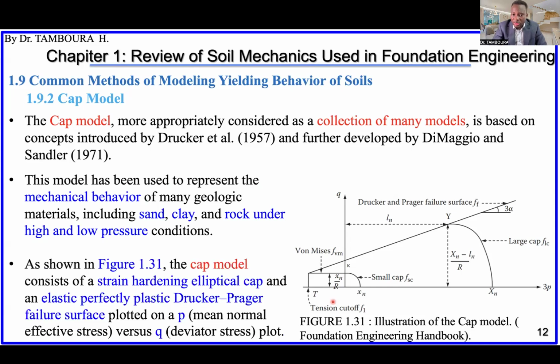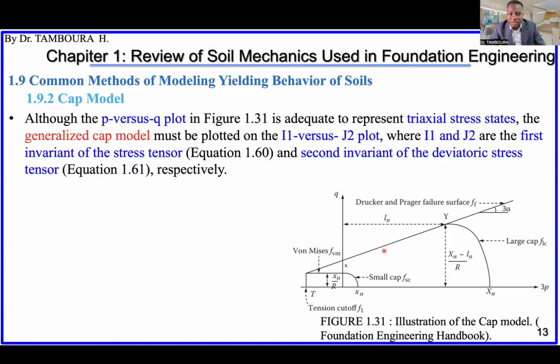Okay. So as this figure shows, this cap model consists of a strain hardening elliptical cap, this one, you see, and also an elastic perfectly plastic Drucker-Prager failure surface, this line. So this model needs to be plotted in this I1 versus square root of J2 plot.